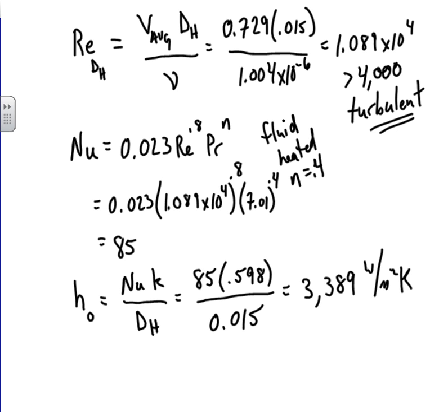All right, so now we're given the heat transfer coefficient in the inner pipe, and now we've solved for the heat transfer coefficient in the outer annulus, so we can go ahead and now calculate what our overall heat transfer coefficient is for this heat exchanger. We know that 1 over U is going to be approximately just 1 over HI plus 1 over H0.